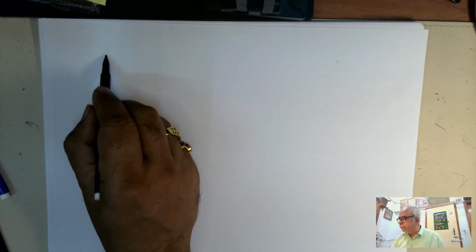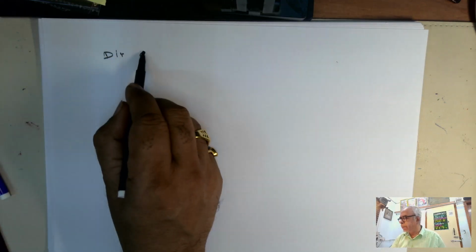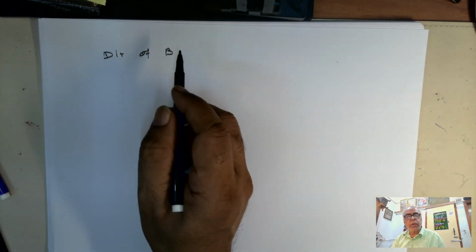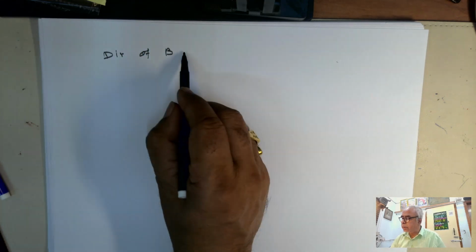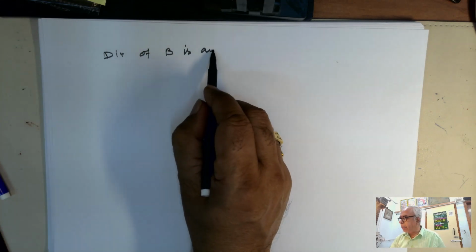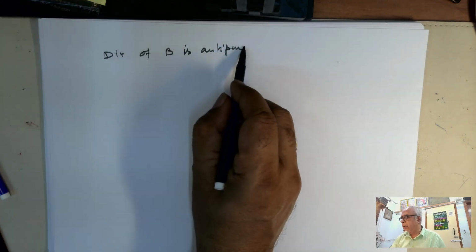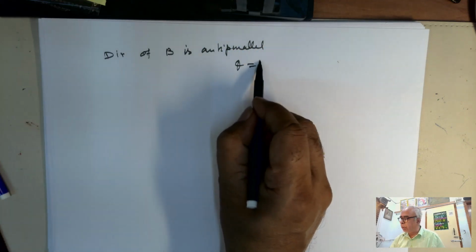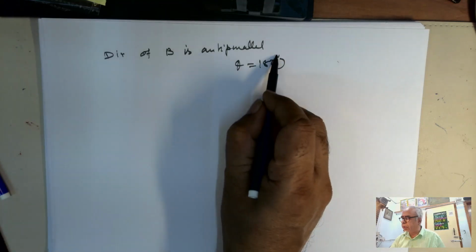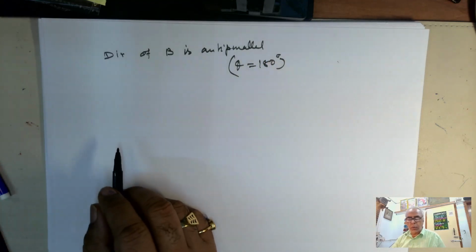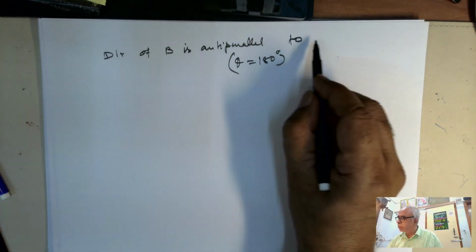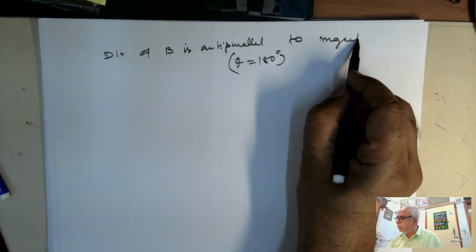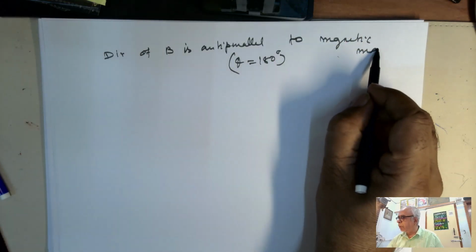Take the direction of B. The direction of B is anti-parallel. It means theta is equal to 180 because it is in the opposite direction to the magnetic moment.